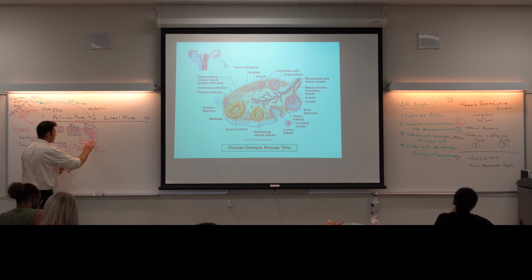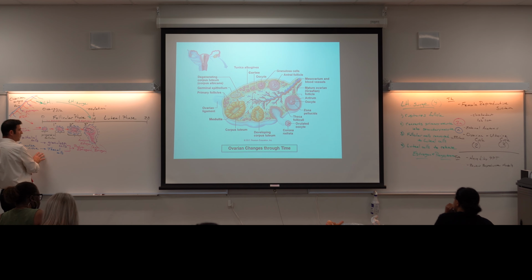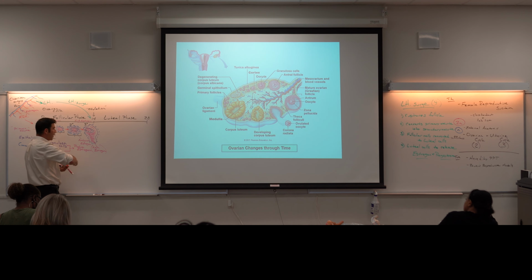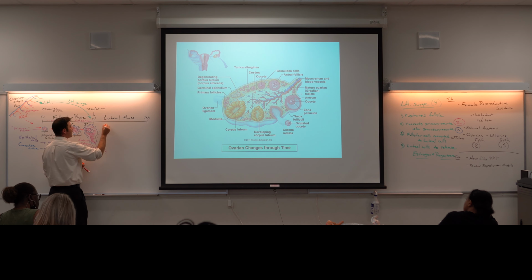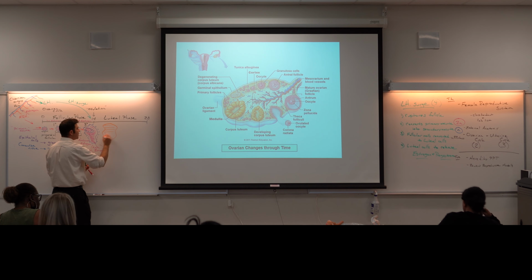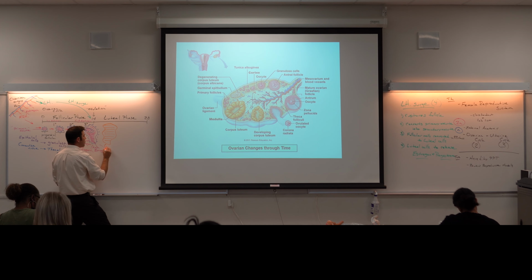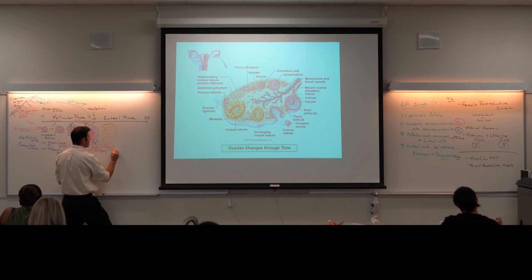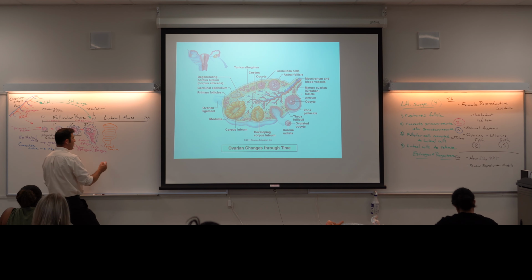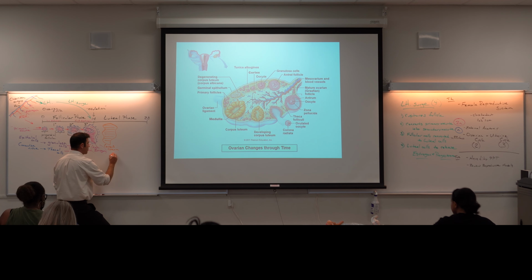So all of these purple and blue cells that were follicular cells making estrogen, once this rupture of the follicle occurs, all of these follicular cells are going to get converted into this. I don't have a yellow color, so I'm going to let this represent my yellow color. We'll call this the corpus luteum. This corpus luteum, this big yellow body, we know is going to be producing both estrogen and progesterone.